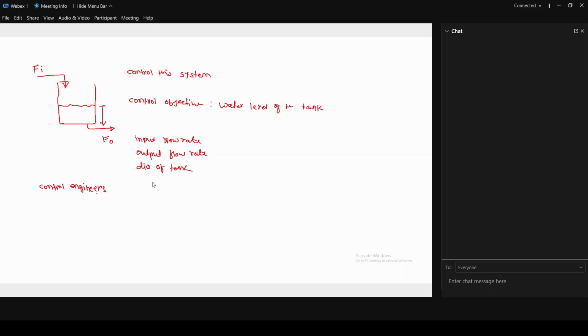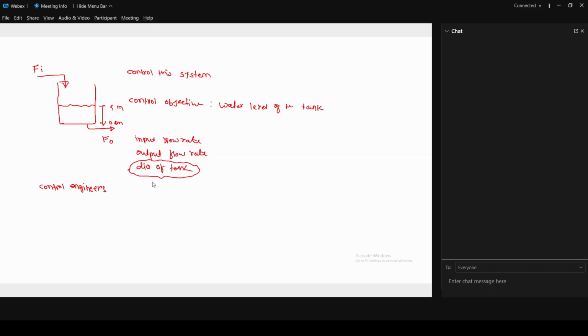So if that is the scenario, then I cannot change the diameter of the tank. Agree? That's one reason. Another reason is, let's say this height is 0 meter, and this is 5 meter.